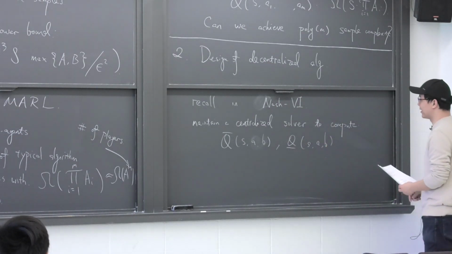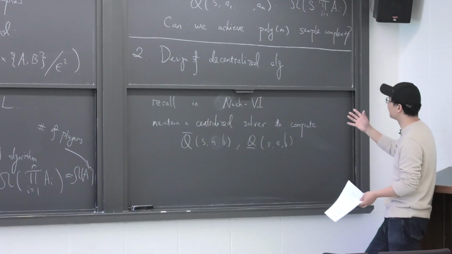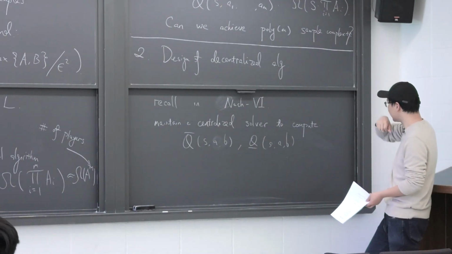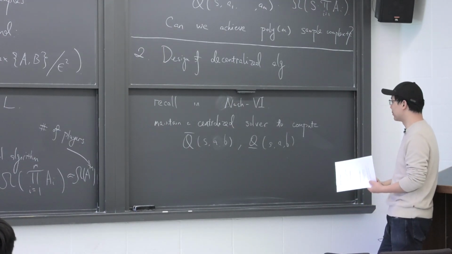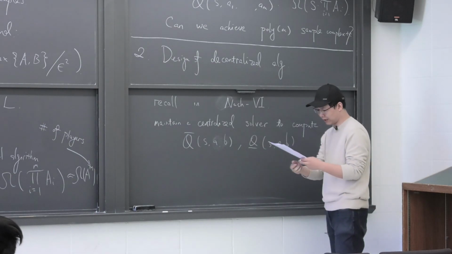Similarly, when we extend this Nash value iteration to multiplayer, whenever we are doing this joint Q value computation, it's still a centralized algorithm, in that everyone needs to communicate and eventually compute some joint Q value.